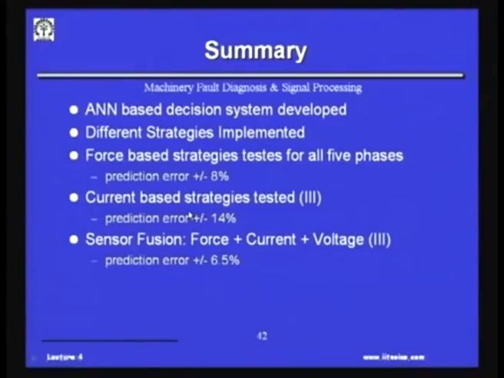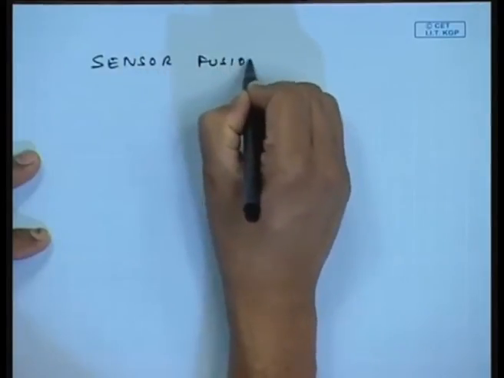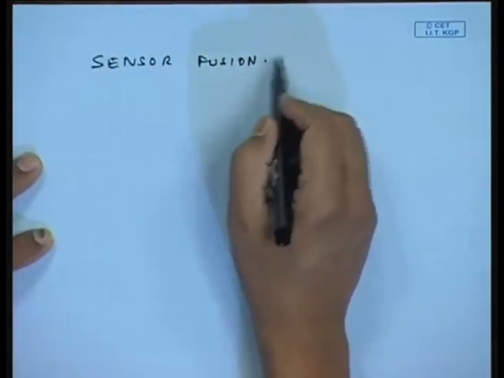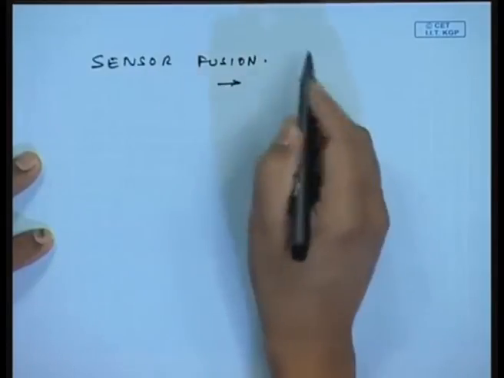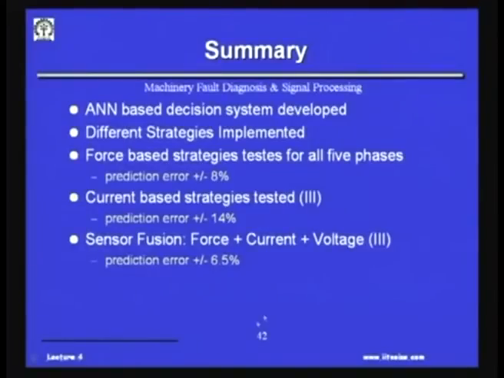In this example you will see that when the force based strategy tests were conducted for all 5 phases, the prediction was within 8%, but when only current based strategies were used the prediction error was 14%, which is very high.